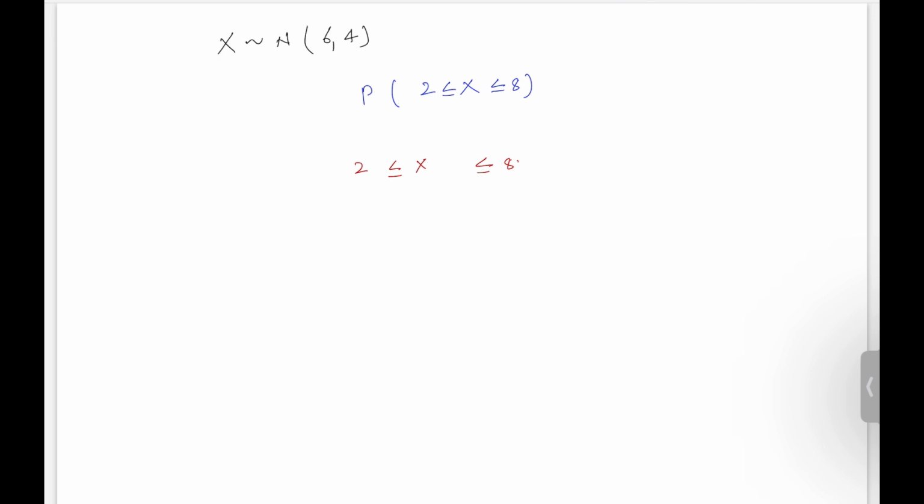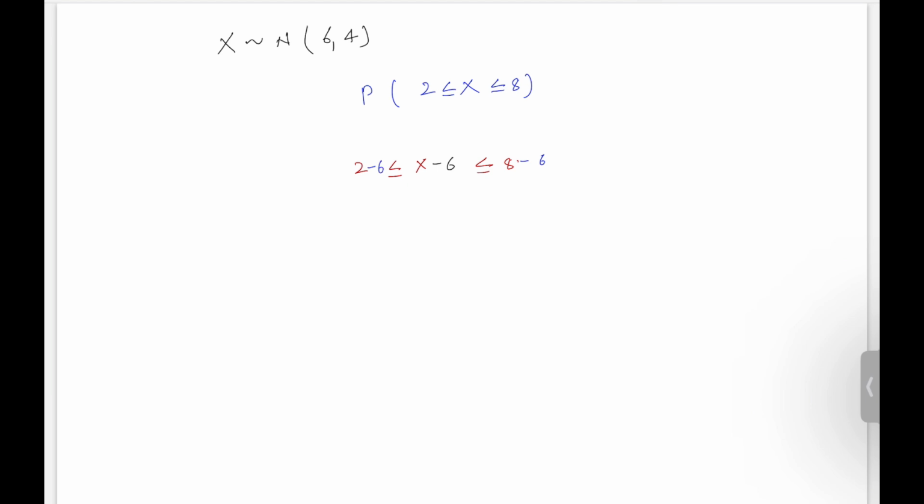We can subtract the mean from this random variable so that it gets shifted by this amount, and the mean would now be at 0. To balance it, we subtract the same value on both sides.